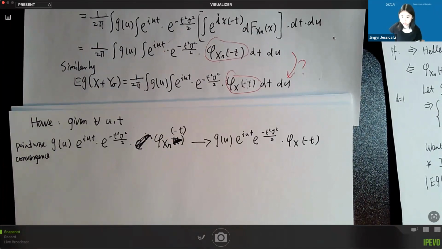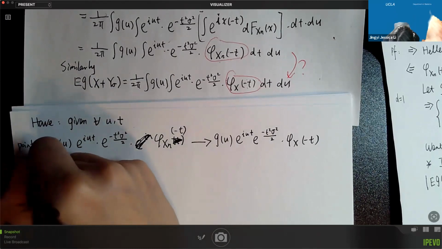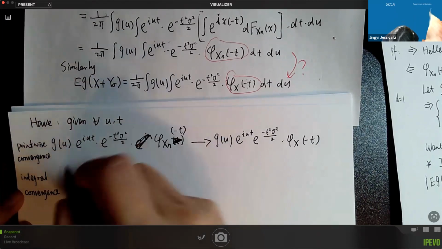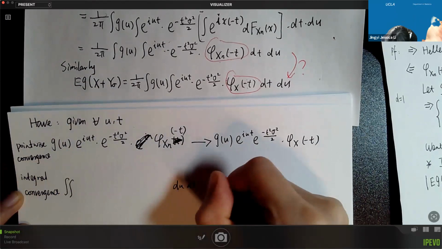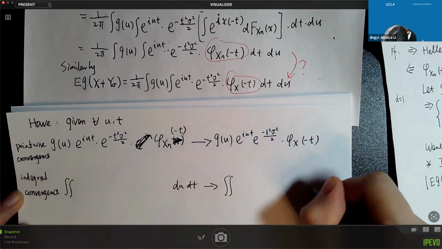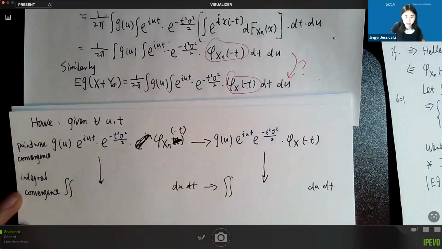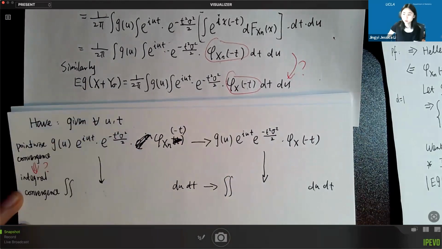And now the question is, can we have integral convergence? So basically, we want this integral over du dt to converge to this integral over du dt. That's the question. Can we go from here to here? And here, what I was saying is that DCT, the dominated convergence theorem, allows us to do it.